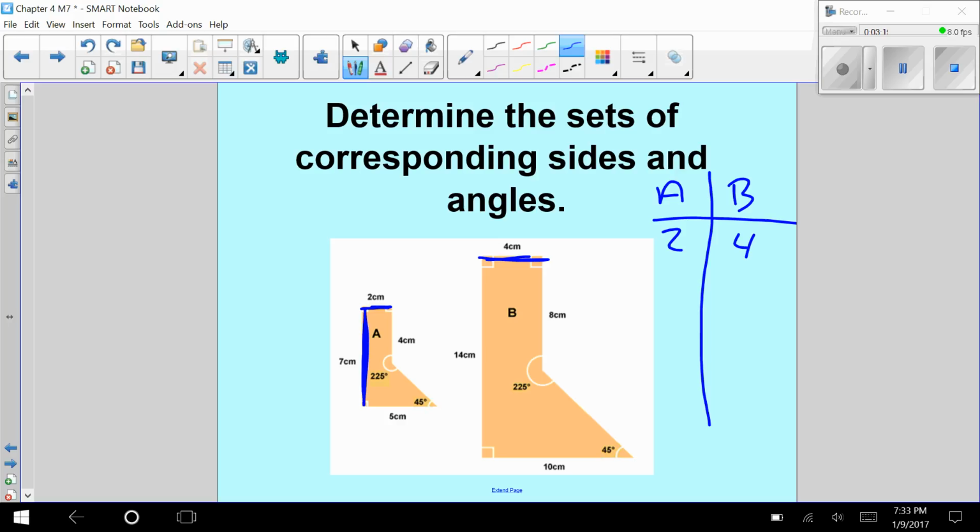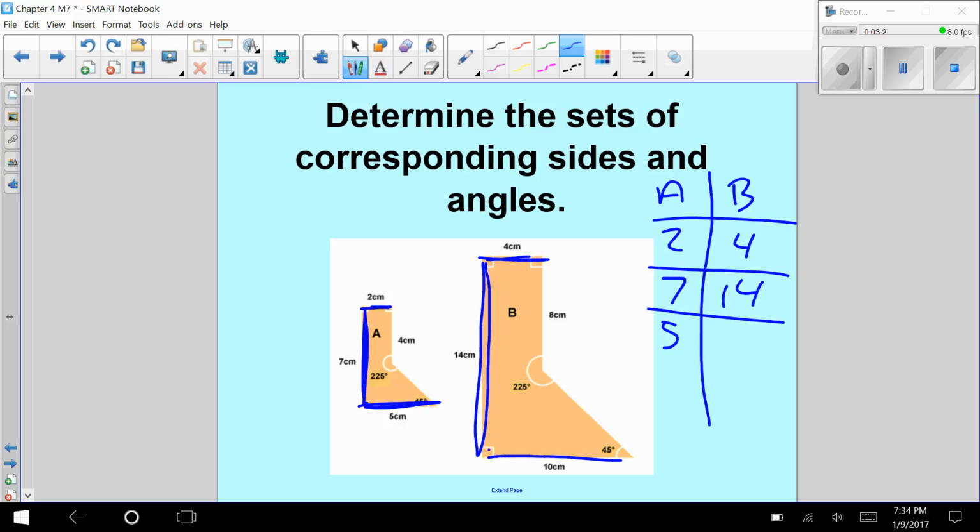This 7 in A matches up with this 14 in B. This 5 in A matches up with this 10 in B. This 4 in A matches up with an 8 in B. And then let's call this X and this Y. Those go together as well.